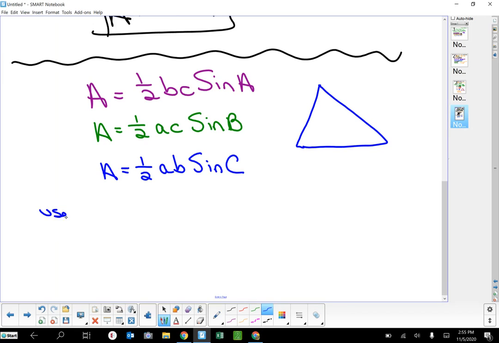So used with two sides and an included angle.